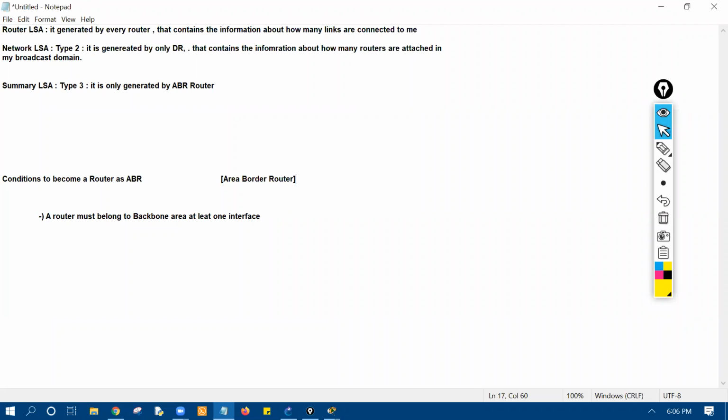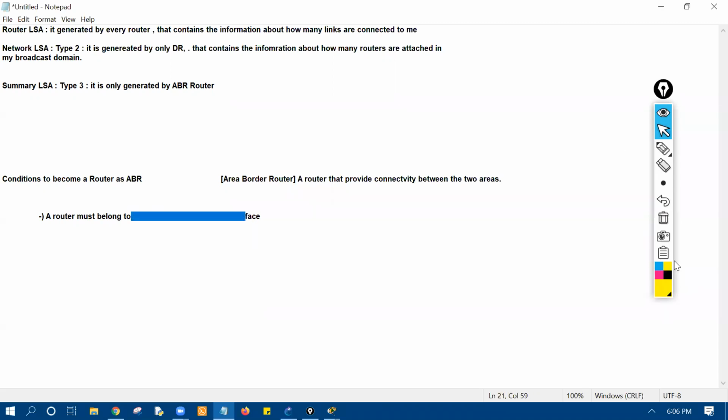A router that provides the connectivity between the two areas. And the condition of an ABR is that at least one interface belongs to the backbone area.